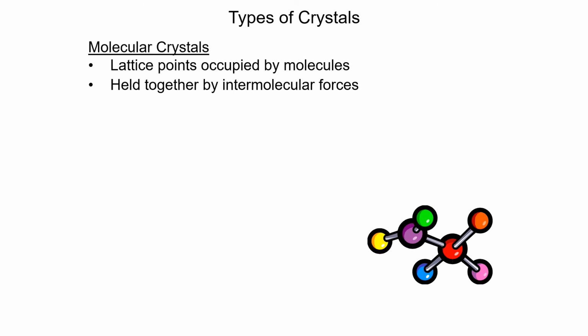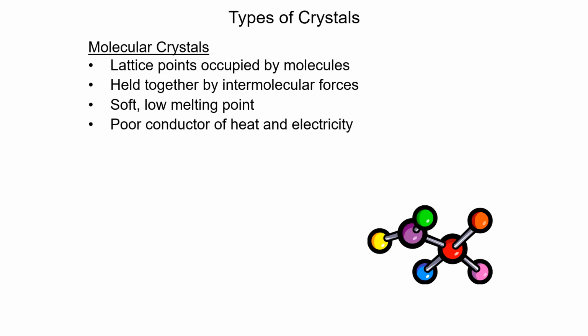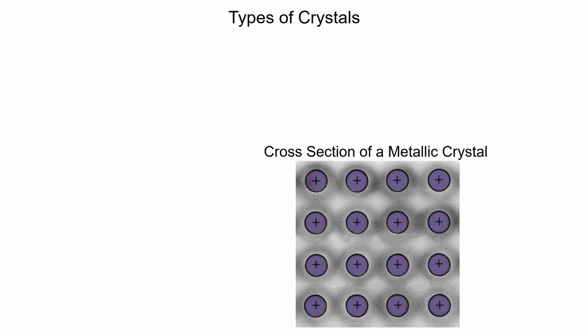So the molecule itself has covalent bonds, but the molecules are held together in the crystal by the intermolecular attractions between those molecules. Typically soft with low melting points, poor conductors of heat and electricity. Some examples here: ice, carbon dioxide, rock candy, which is made of sucrose.